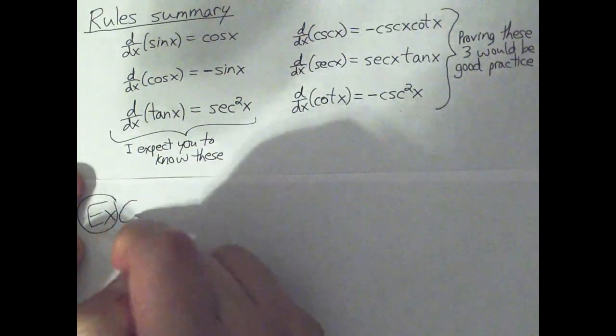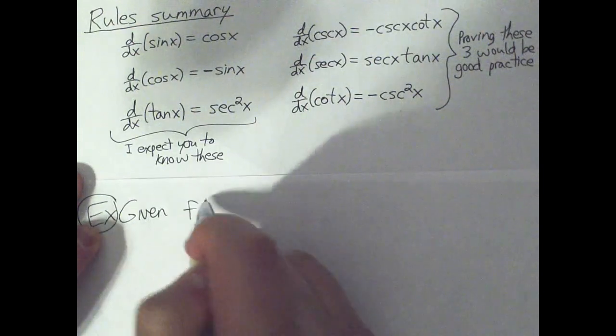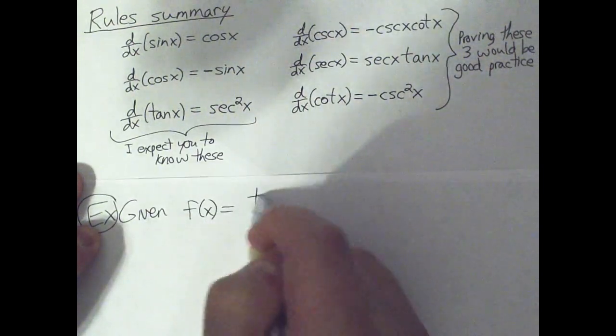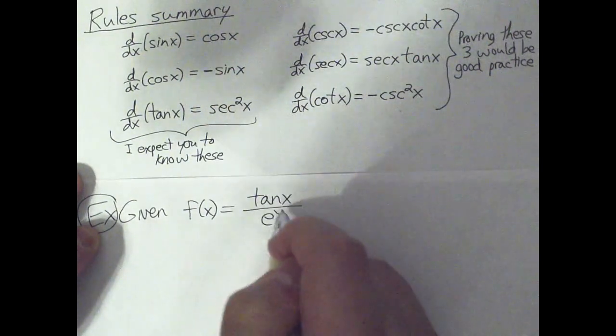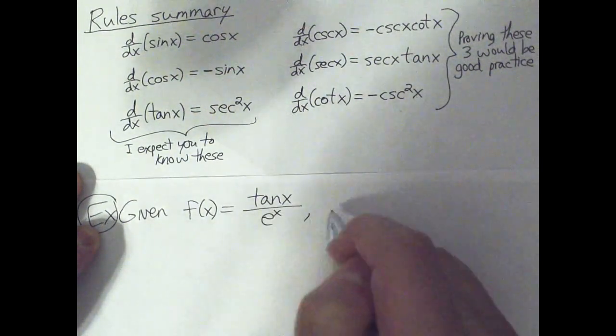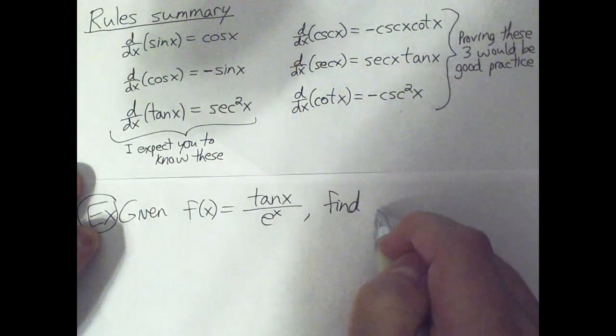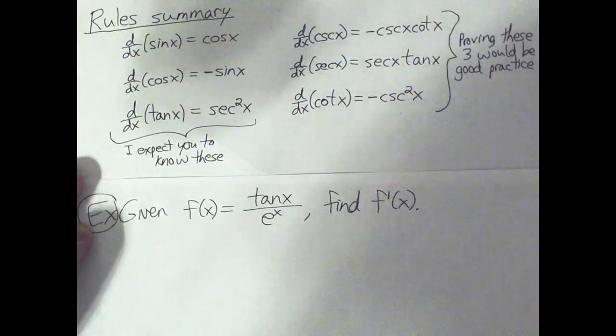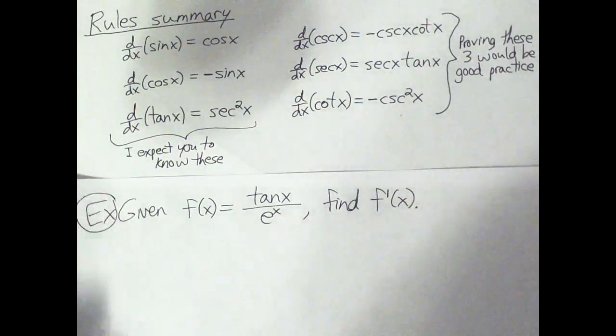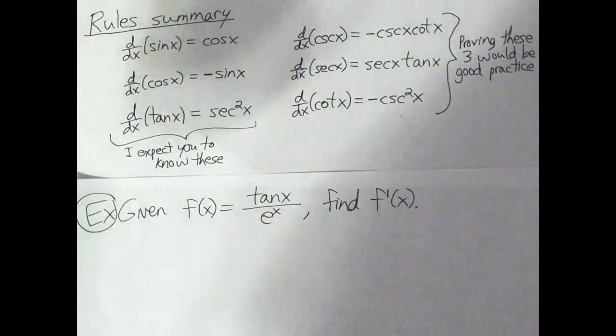Given f of x equals tangent x over e to the x, I want you to find f prime of x. So I'd like you to pause the video and try to find this and simplify your answer.